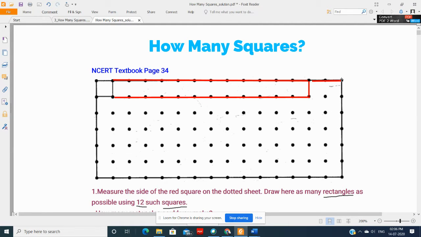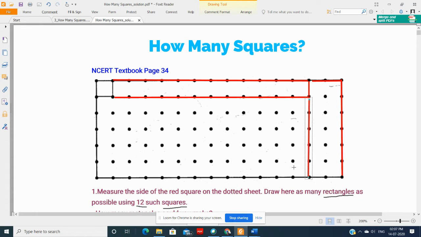Cool, we already have 6 box here, so I'll just draw it like this. 6, यहाँ पे 2 है, तो यहाँ से ही मैं कंटिन्यू करूंगी. सो ये मेरा हो जाएगा 12 boxes का one more rectangle.